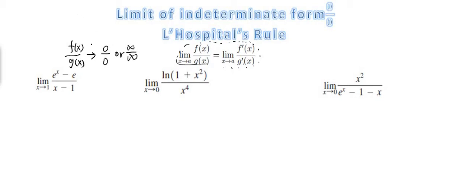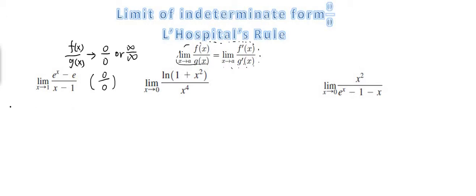Plugging in x equals 1, the numerator is e to the power 1 minus e, that is 0. And the denominator is also 0. So 0 over 0 means we can apply L'Hopital's rule.